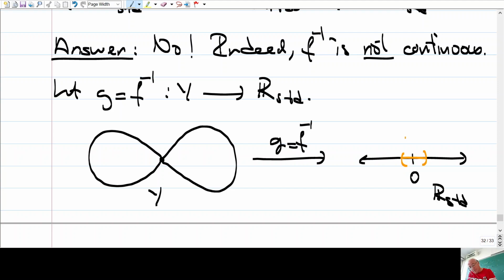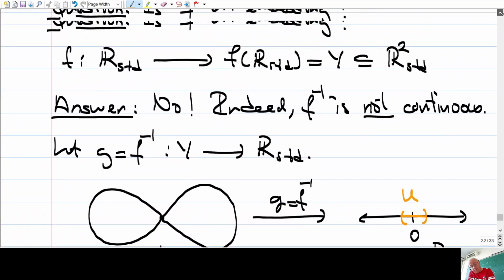So let's say you take this open set. What is the inverse image of this under f prime? It means the set of all points here that are mapped here.